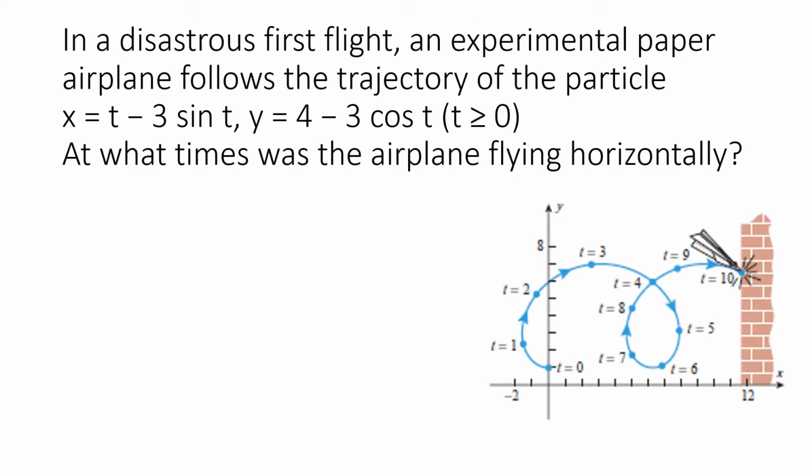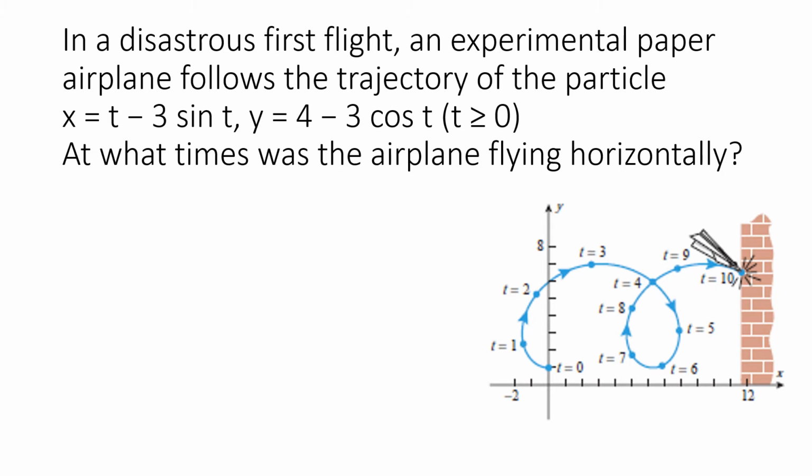Okay, so let's have this example. In the disastrous first flight, an experimental airplane follows a trajectory of the particle x equals t minus 3 sine t, y equals 4 minus 3 cosine t, where t is greater than or equal to 0.